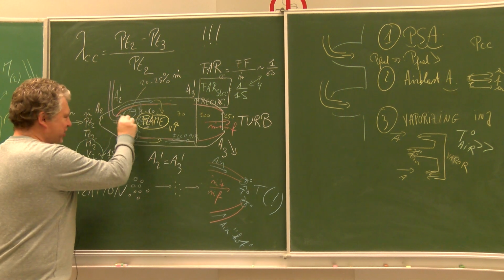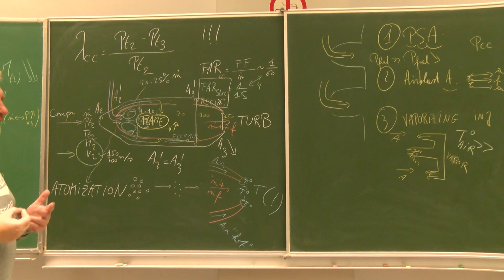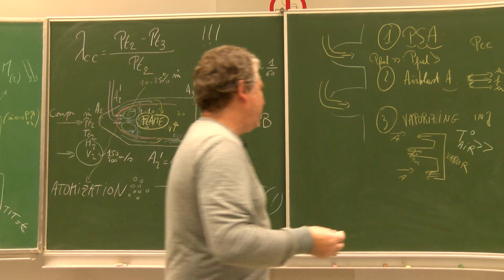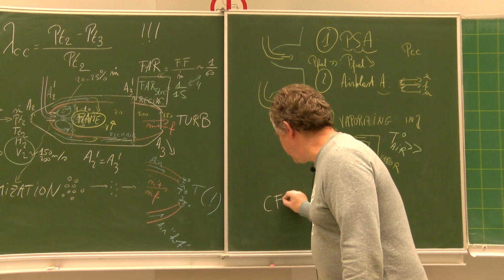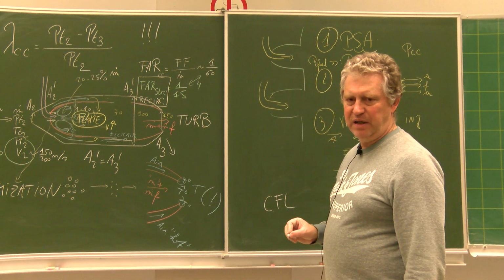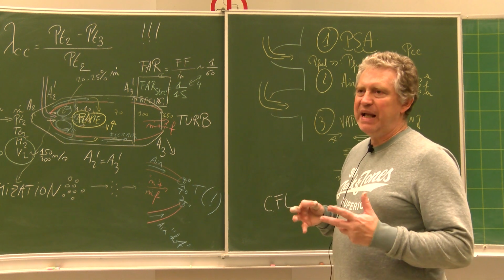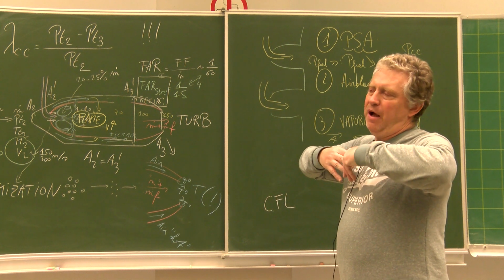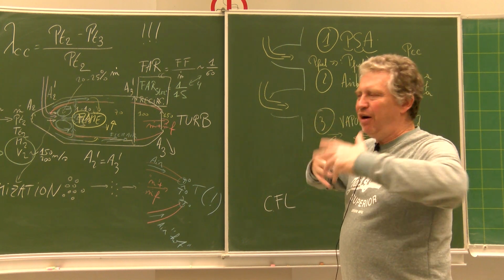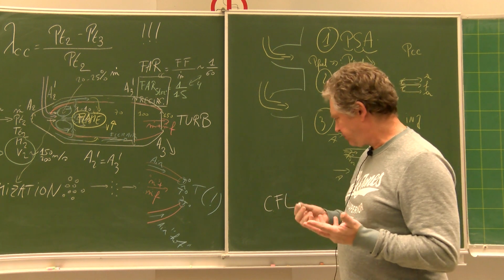You have also an injector, maybe, where you will have also some friction. And so you will have what is called the cold friction losses, that are related with friction of the air or the exhaust gases on the walls.